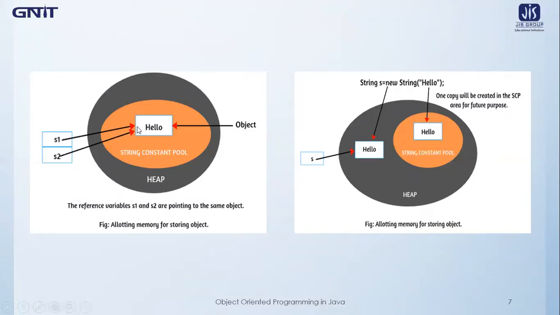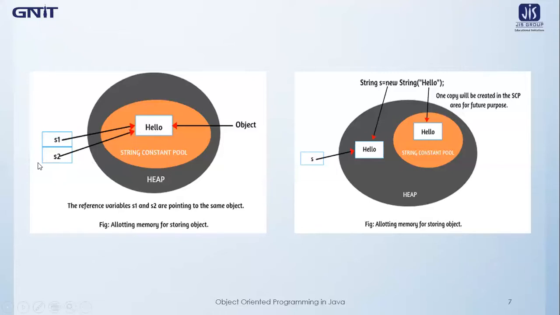After that, when the JVM executes the second statement, it will check in the SCP area whether any object of value hello is there or not inside the string constant pool. It will find out that an object containing the value hello is there inside the string constant pool, so it is not going to create any new object. And whenever we write string S2 equals hello, that means S2, a reference variable of the string class, will also point to the same object that has been previously created by the JVM inside the string constant pool.